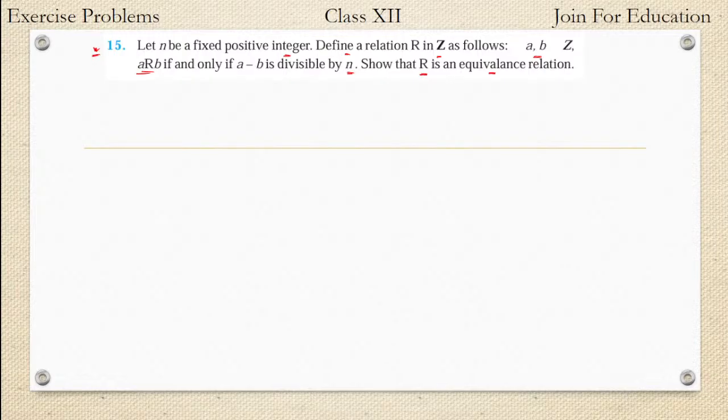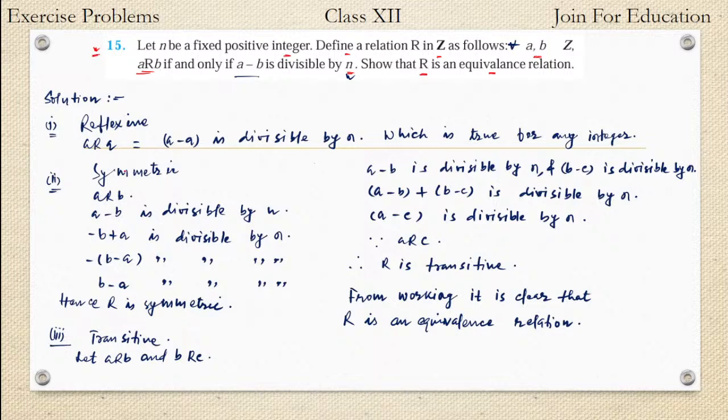Equivalence relation means any relation which is reflexive, symmetric as well as transitive. Then we say this is an equivalence relation. Let's see the solution. Reflexive means a is related to a, therefore a minus a is divisible by n.